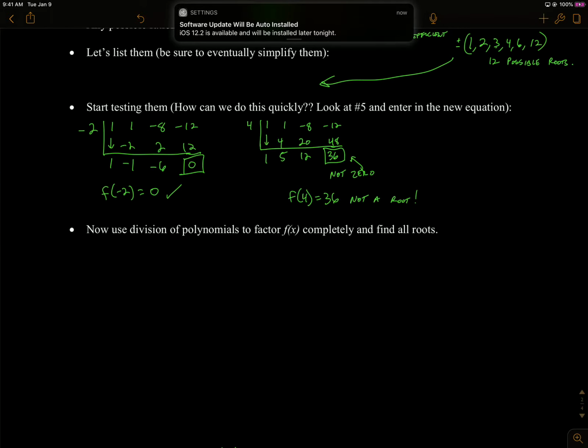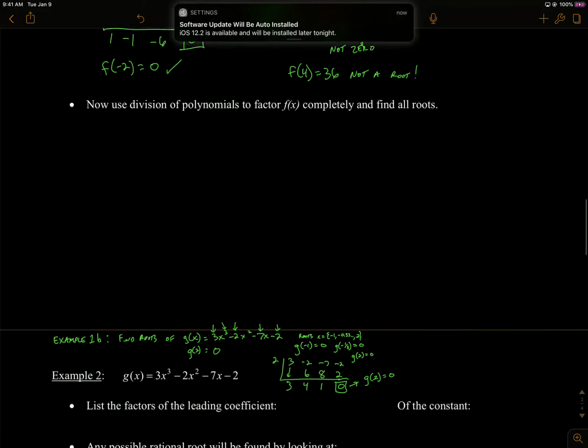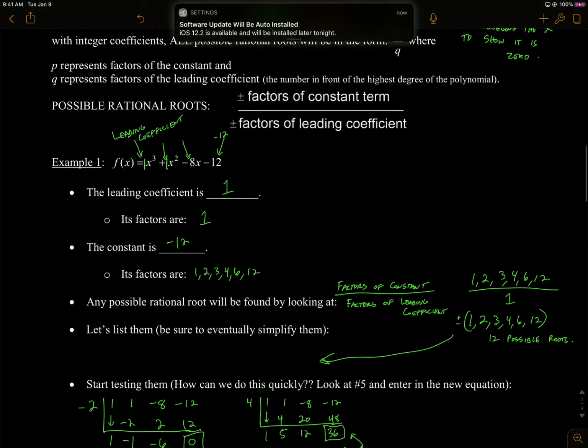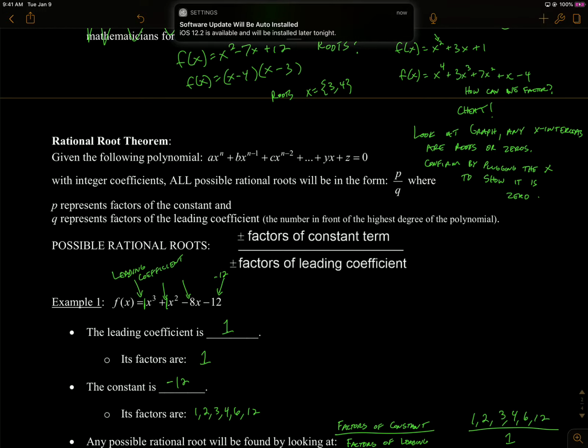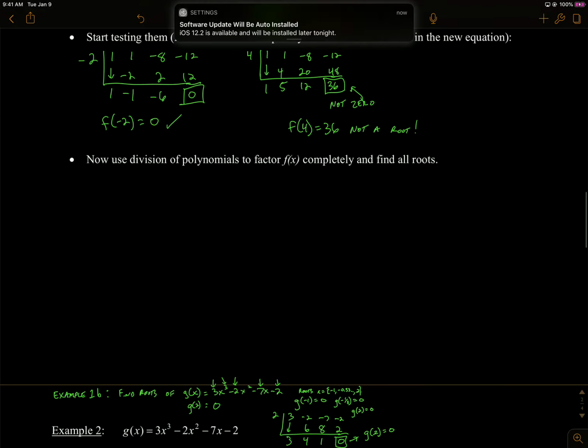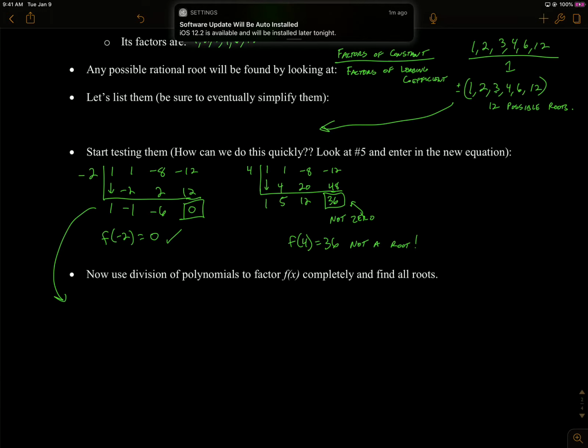So now I can use the division of the polynomials to factor completely and find all the roots. So for this one, I'll go off of what works. Now it comes back to the division piece. I know that basically this means I divided the polynomial x cubed plus x squared minus 8x minus 12 by the polynomial x plus 2, because remember, that's the 0 of the divisor.